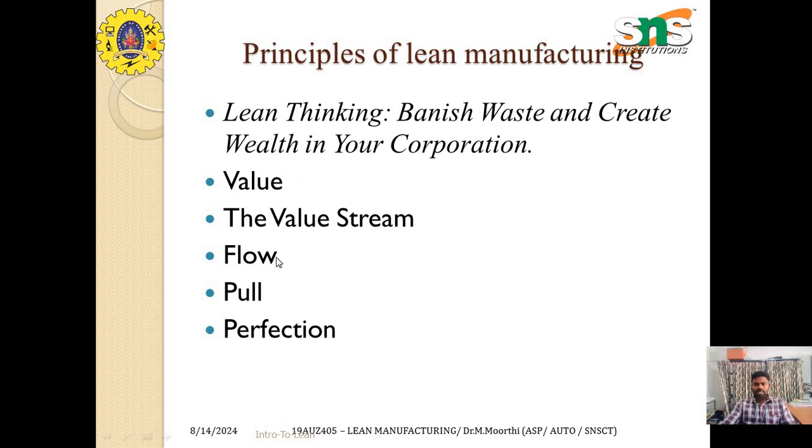We have to arrange or set the order of flow. Fourth one is the pull process. And fifth one is to attain perfection. While implementing the above 4 principles, we will automatically get the fifth, called perfection.